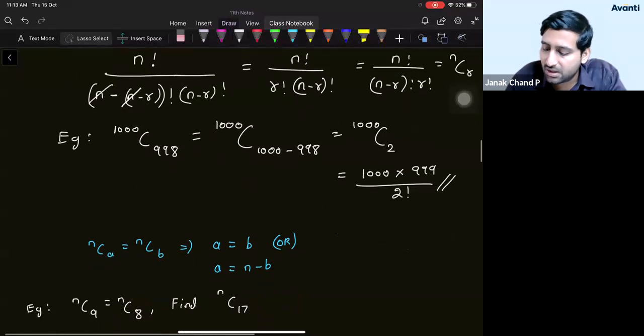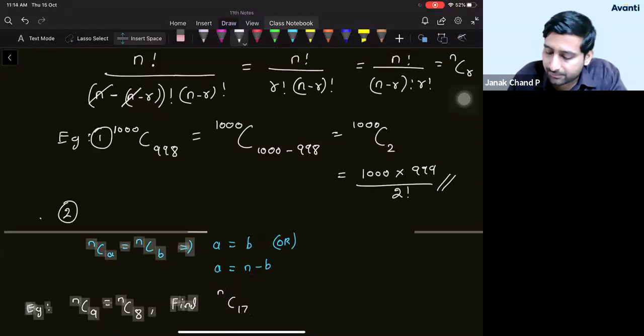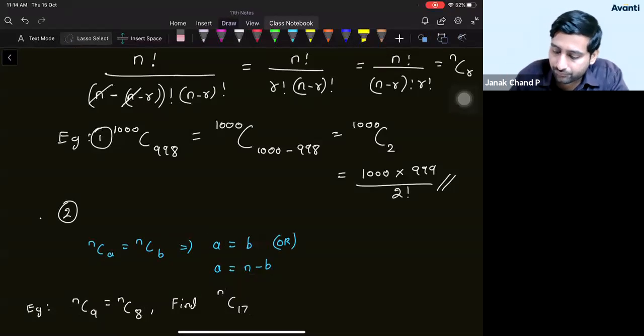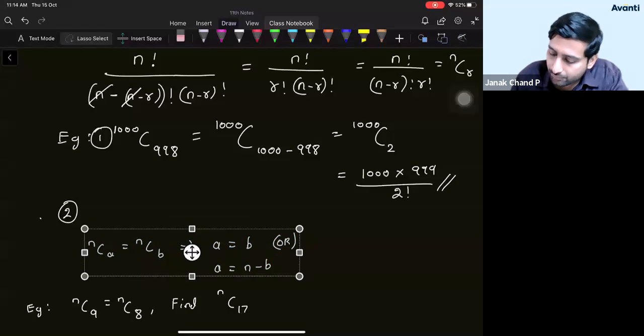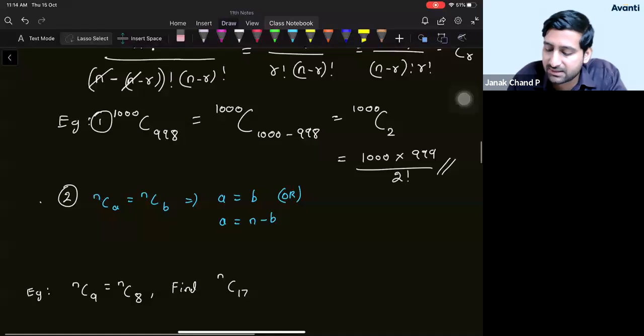Okay, fine. Now student, there is one more thing that can be asked here, a noting point. Whenever I have nCa equal to nCb, there are two possibilities.